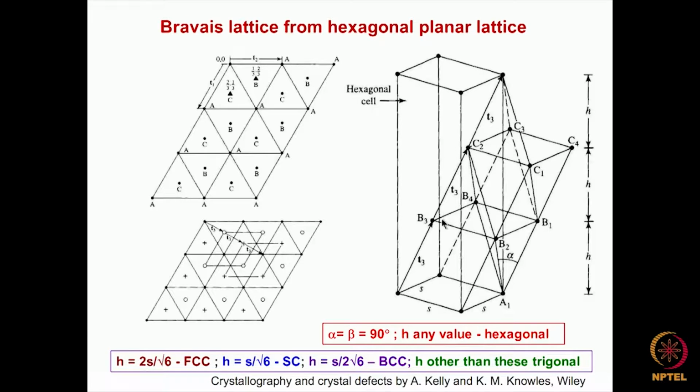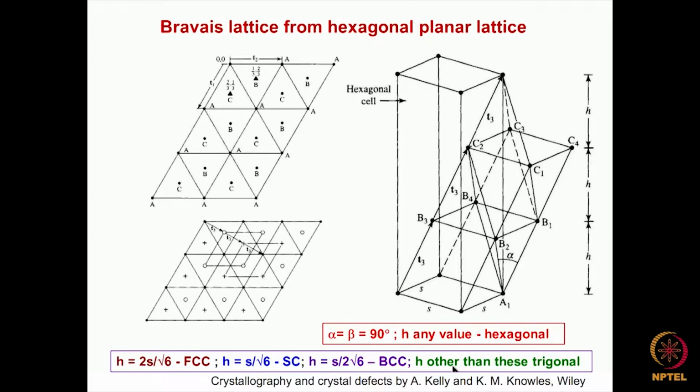Okay. If we keep the B layer at a distance h equal to 2s by root 6, then this stacking sequence will generate an FCC lattice. Okay.